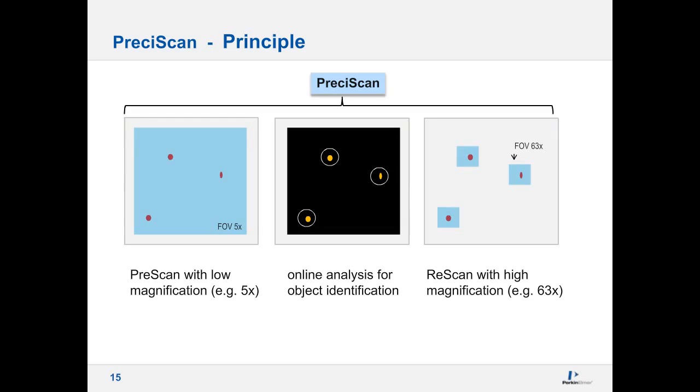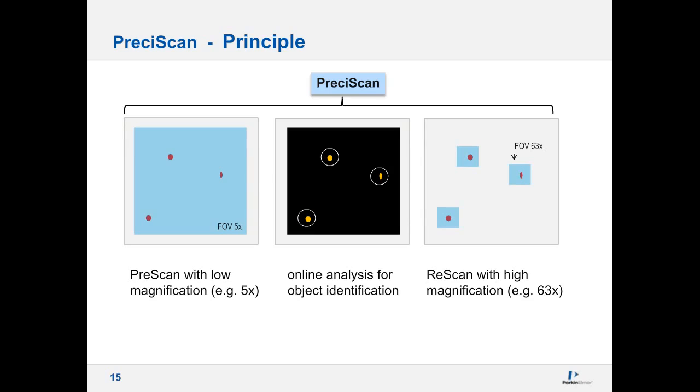So the idea of PreciScan is that in a given well, you do a low magnification pre-scan. Here, for example, at 5x, you use online image analysis to identify the cells of interest, and then you provide those positions back to the software for a subsequent rescan at a higher magnification of your choice, for example, at 63x.